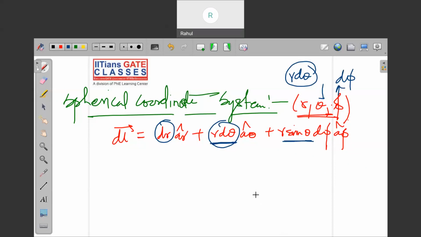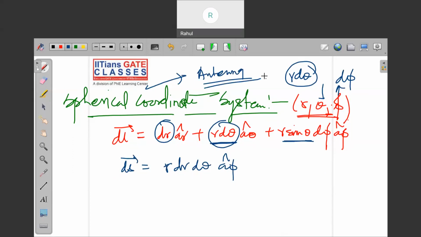Understand? Okay. So you can find the ds vector as well. Just take the product r dr d theta. What is going to be constant here? You can say a phi. Spherical coordinate system basically will be used in case of antenna analysis. Remember, there we will talk about theta and phi. Our radiation intensity will depend upon theta and phi.